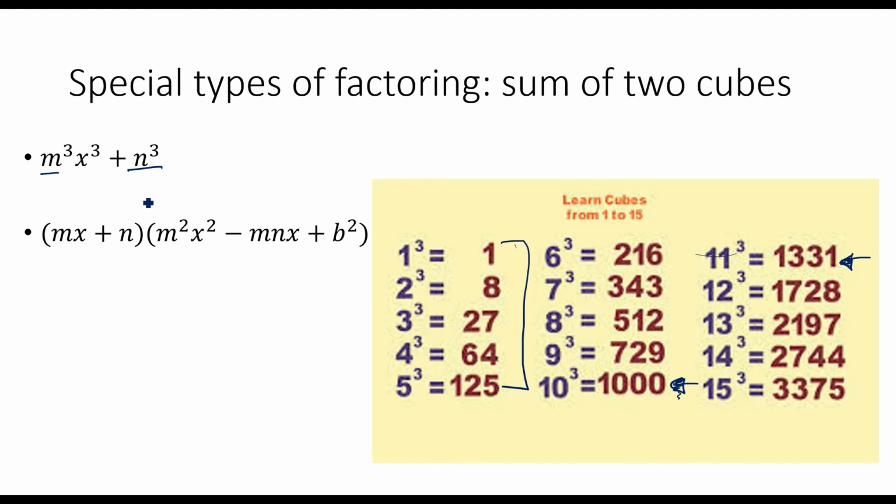Alright, so what you want to do here is take whatever your perfect cube is, and we'll get rid of the cube, get rid of that power of 3, so that you only have m and n by themselves.